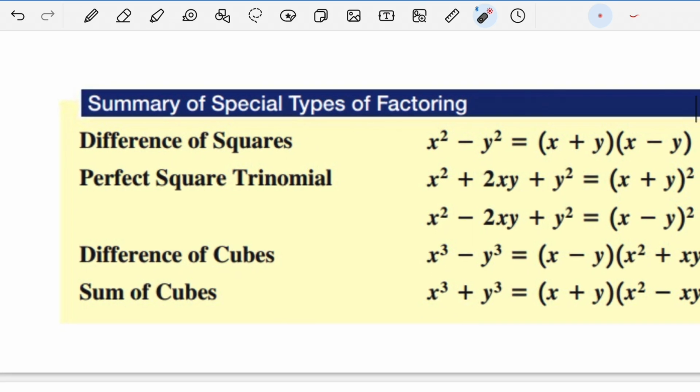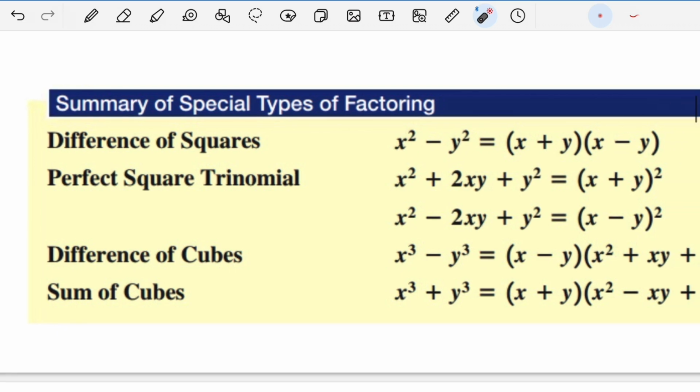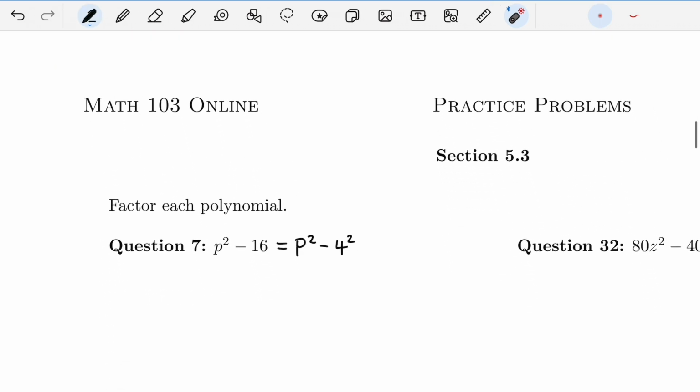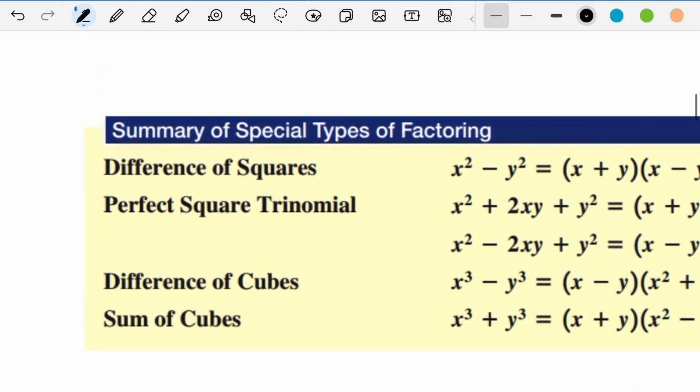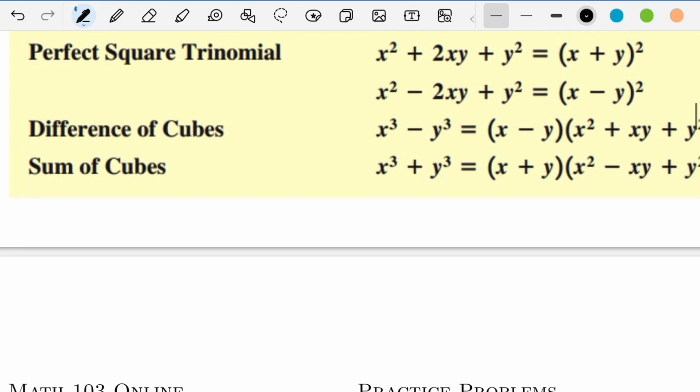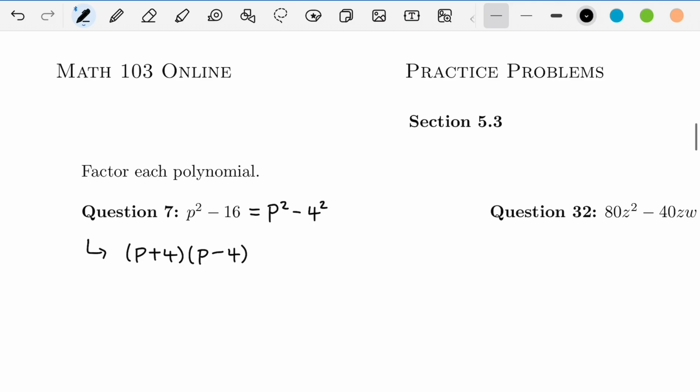So in this case, we have p squared, so p is our x, and then y is our 4. We have p squared minus 4 squared. So that means we can factor that exactly like this. So factoring this polynomial, we're going to get p plus 4 times p minus 4, just following our format for our difference of squares. So that's how we do this problem.